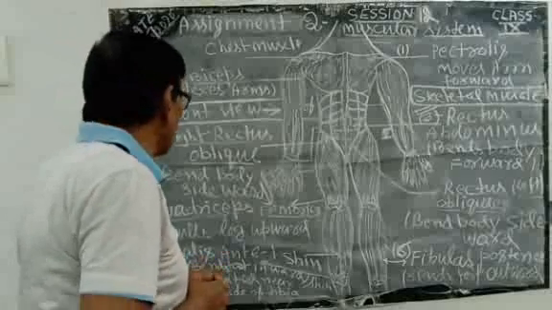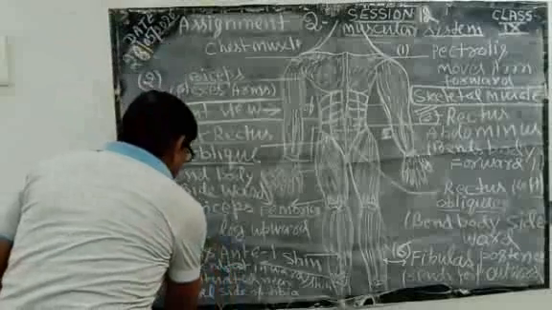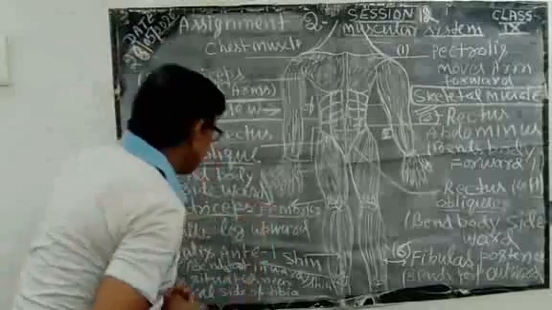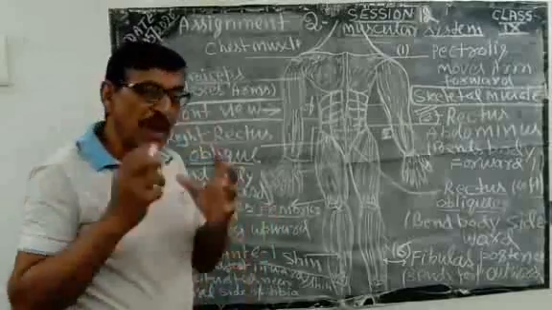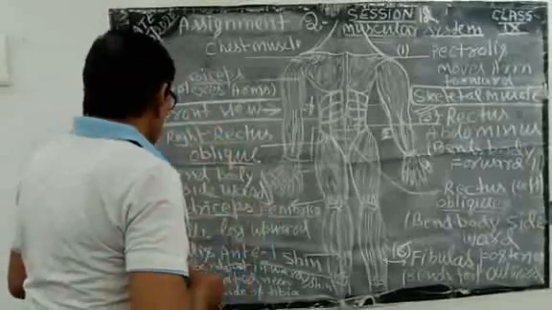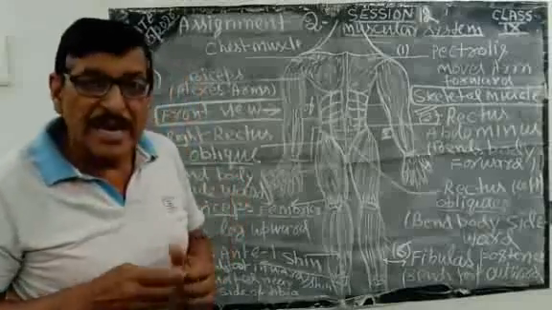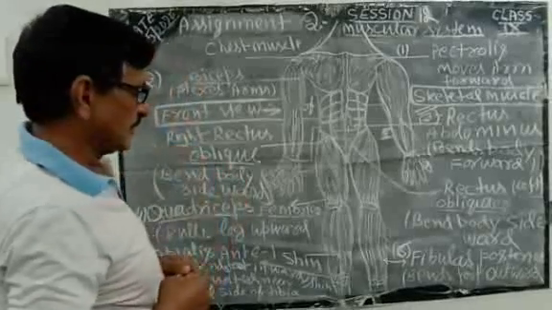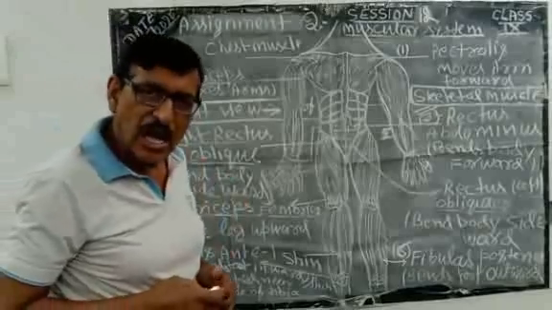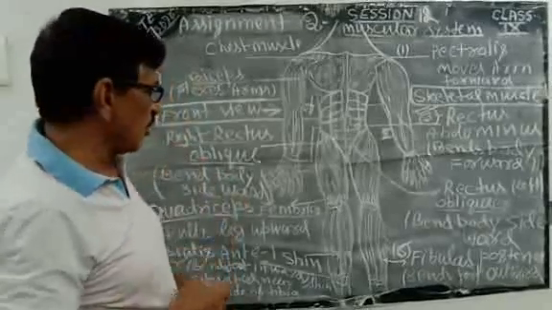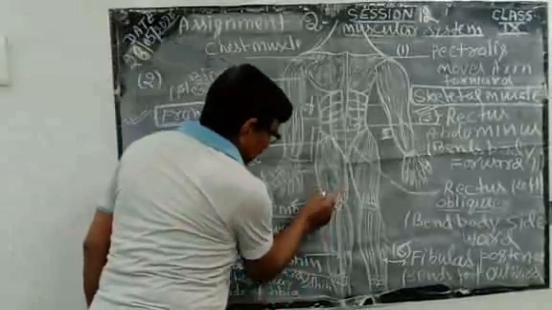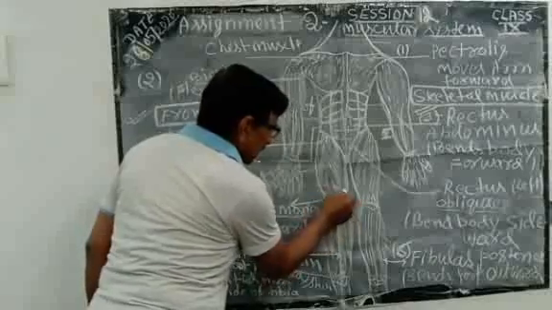Now, fourth step, quadriceps femoris. Quadriceps femoris is a muscle. Now, children, I want to draw your attention on the knee point. This one is the knee point.